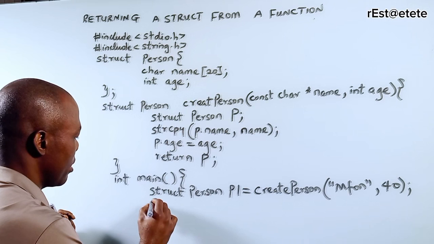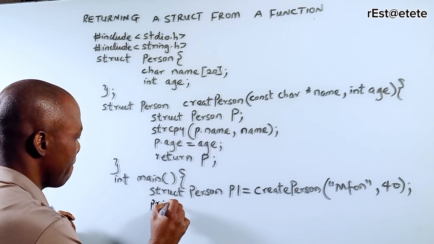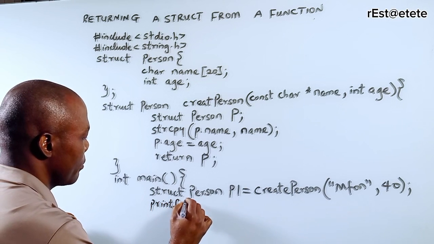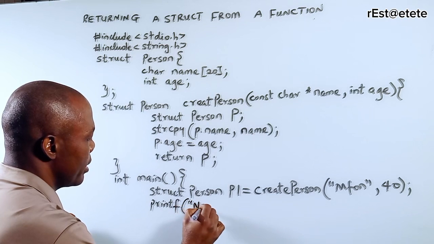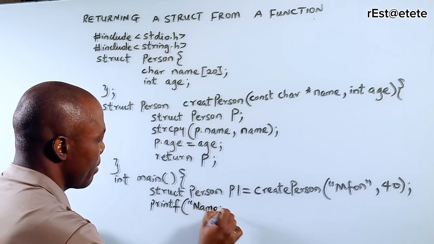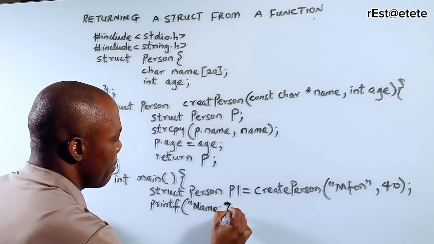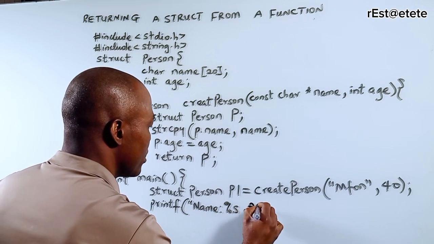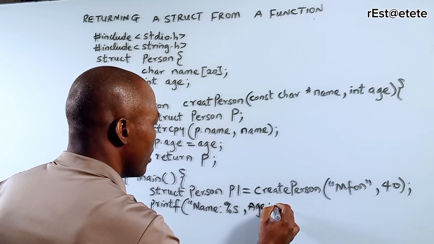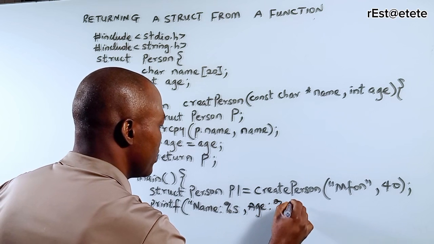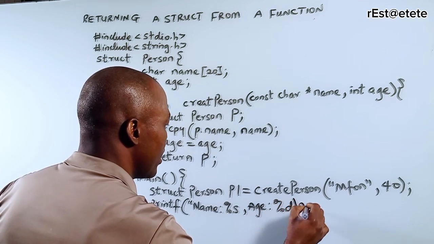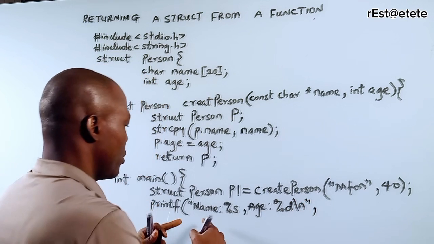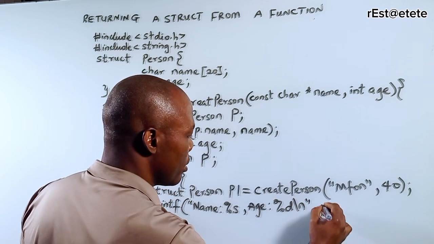So I will now say printf, name, percentage S, H, percentage D slash N. So this one will be what?